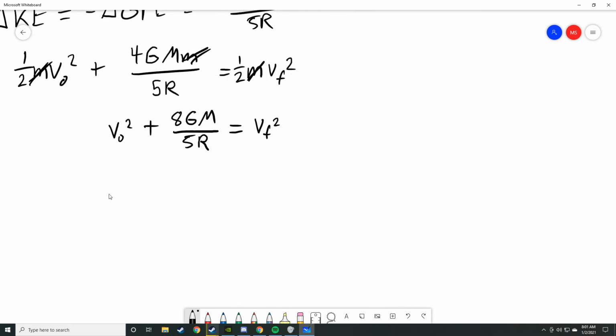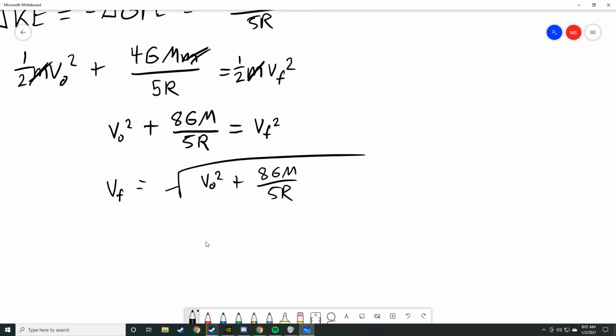So solving for the final velocity, V final is equal to the square root of V naught squared plus 8g m over 5r. Now, this V naught, we're going to keep it in this form for right now, but we're going to plug it in.